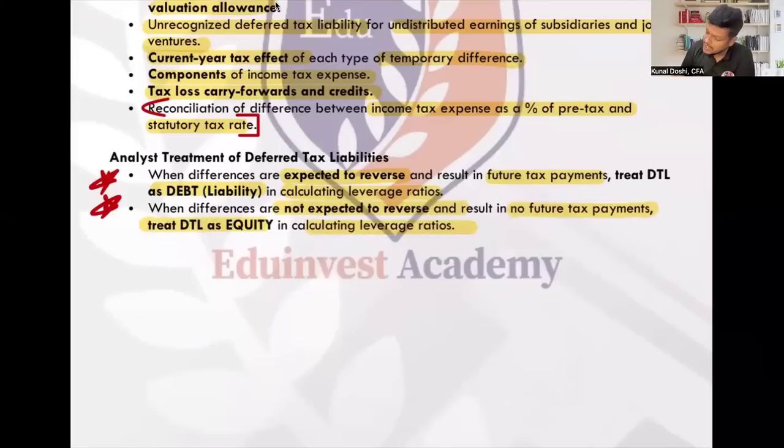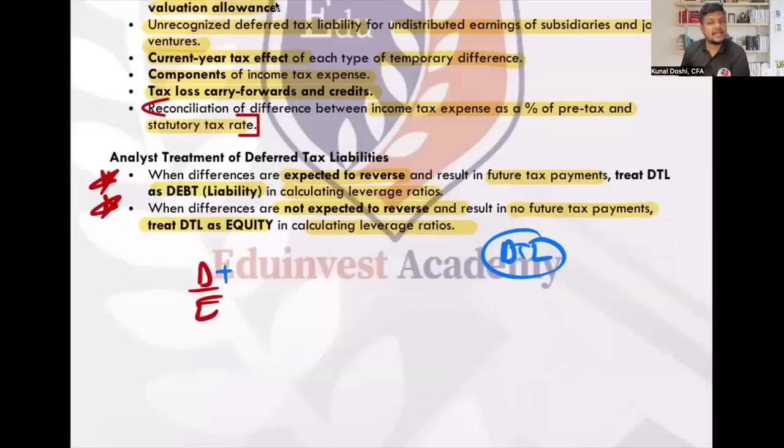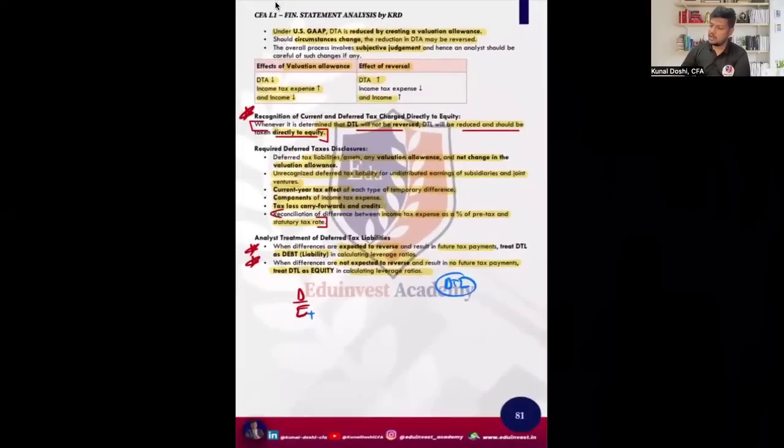So suppose you're calculating the debt to equity ratio and you have a DTL: if it is expected to reverse, add it to the debt. If it is not expected to reverse, don't add it to the debt, add it to the equity. Understood? Everyone in the class, this was the most important point.